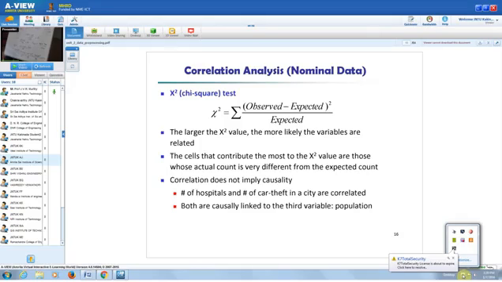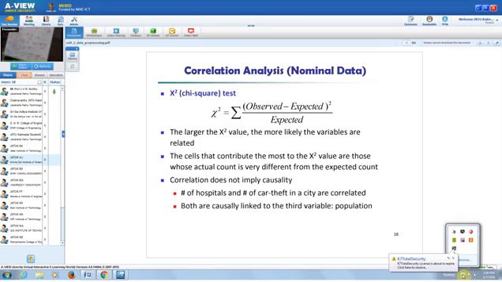So your EI is 90, your expected value. So with reference to the expected value, we are finding out the proportions.